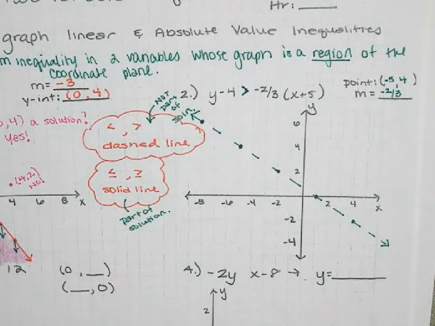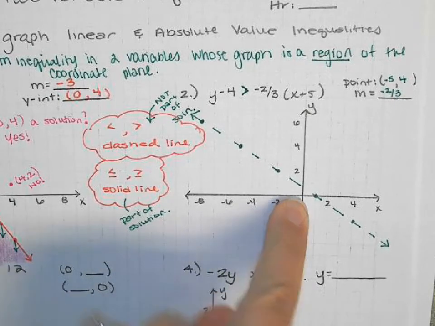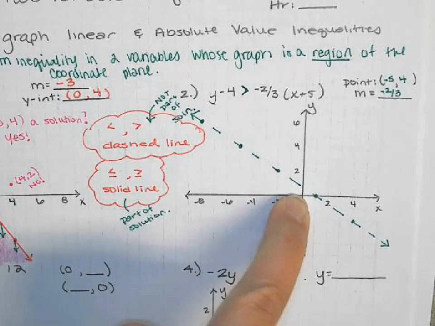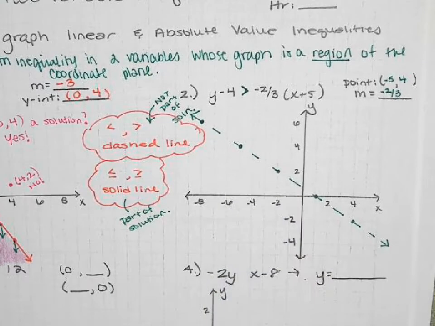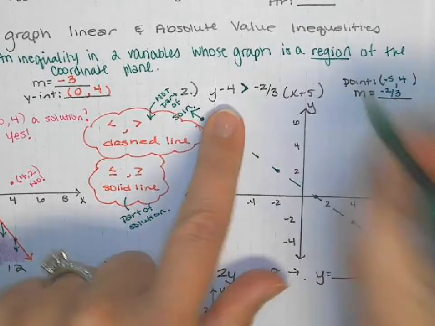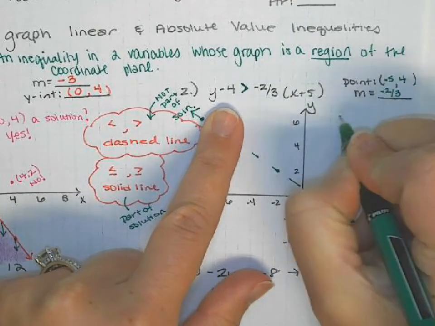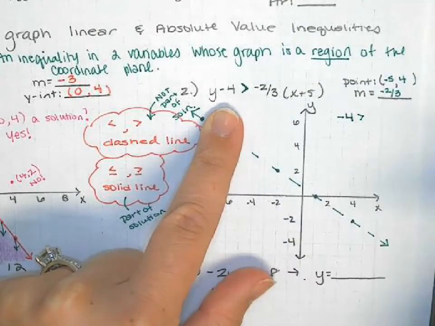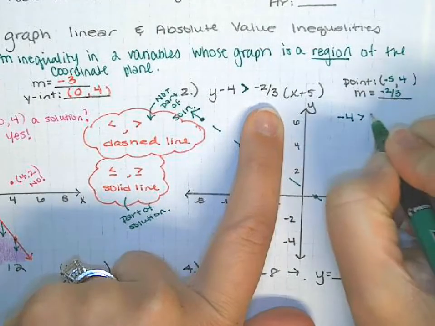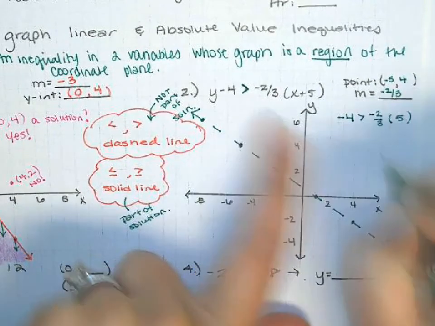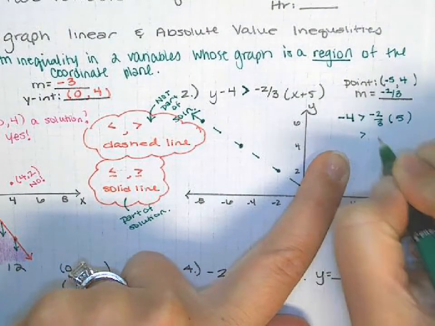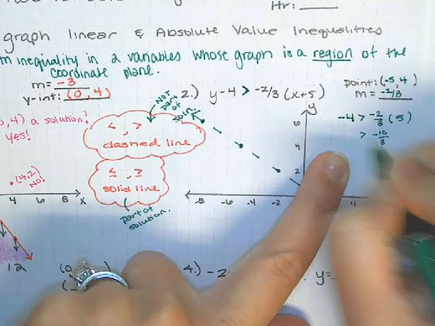So yes, on this one, if you see 0, 0 is in the region underneath, sure, let's plug that in and we'll see, are we going to shade towards 0, 0 or are we going to shade above that point? So if we plug it in, 0 minus 4 is negative 4 on that side, is greater than, we're going to have negative 2/3 times 5, which is negative 10/3.